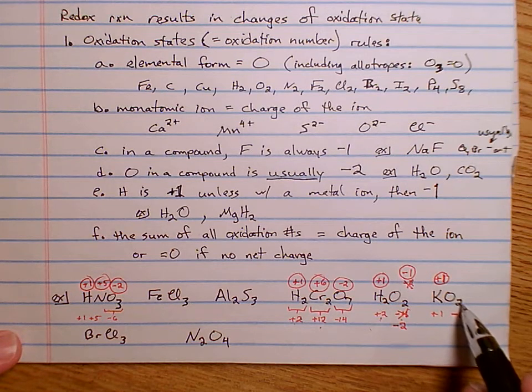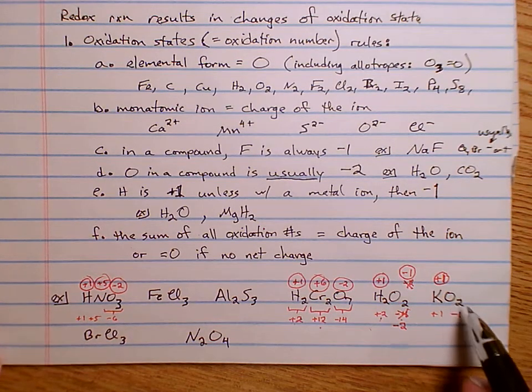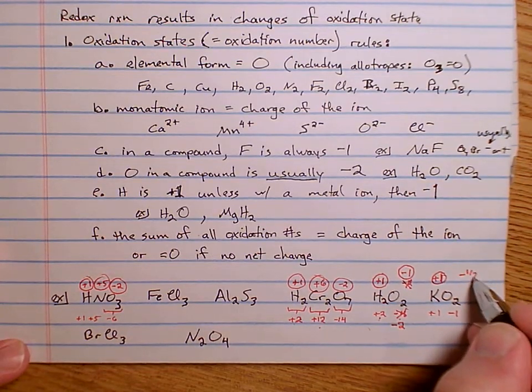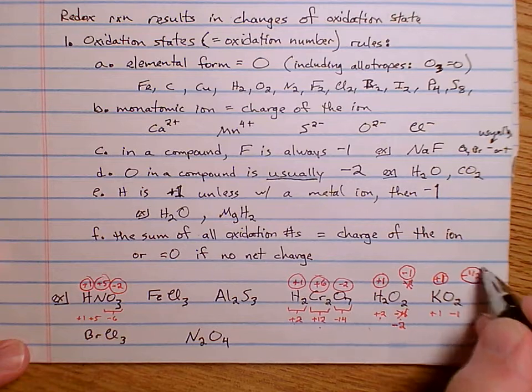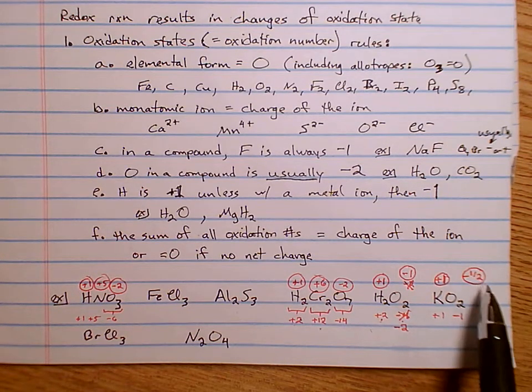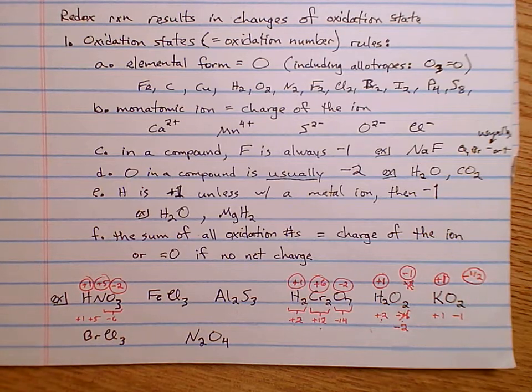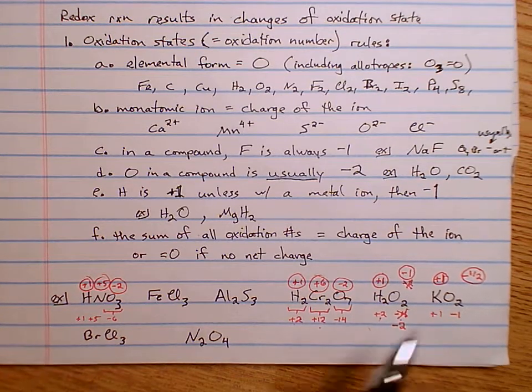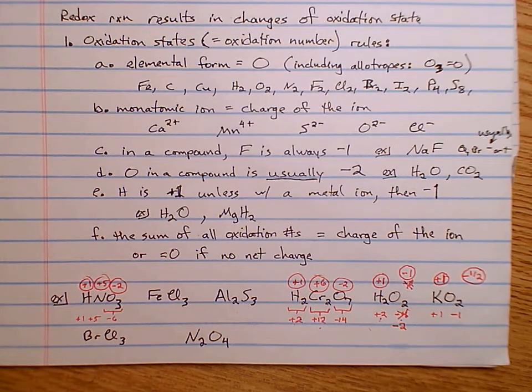But there's 2 of them. So how can 2 oxygens together be minus 1? If each one is minus a half. So each oxygen in KO2 has an oxidation state of minus 1/2. It has to be that way because potassium can only be plus 1 because this is an ionic compound.